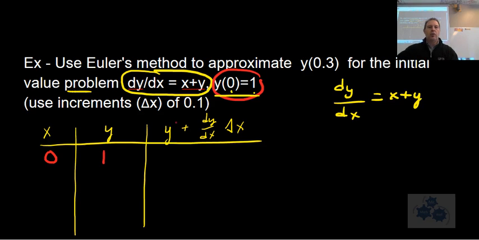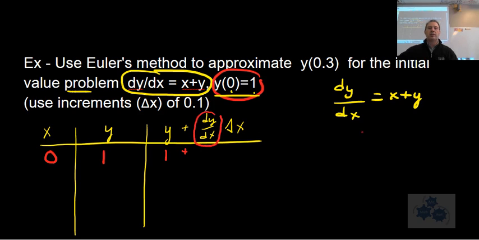Okay, so that's the initial value, right? So we're going to try and get another point here, another y value, and this comes from the original y. This is like y naught, the one we're starting with. And we add to that, so the y value is 1, and we add to that what? What is this right here?